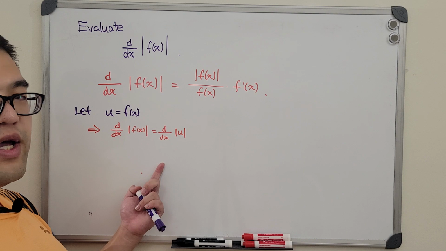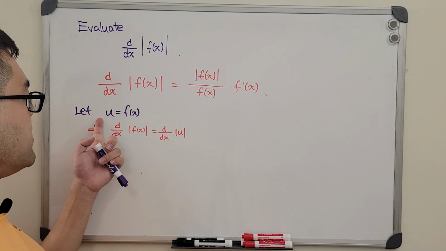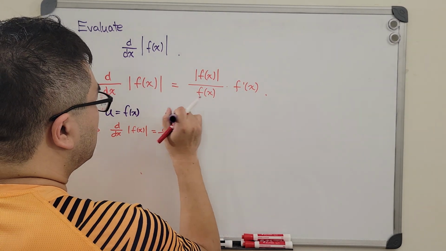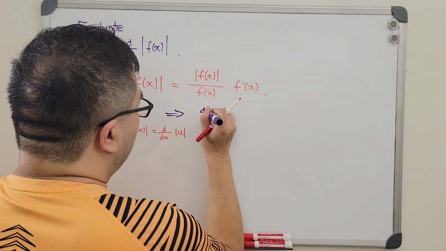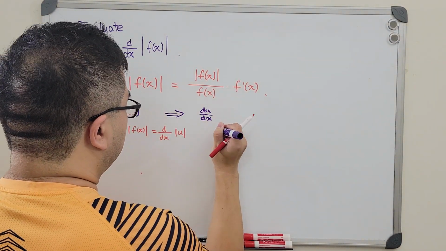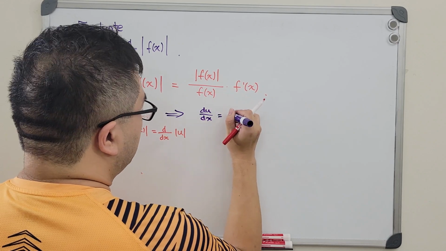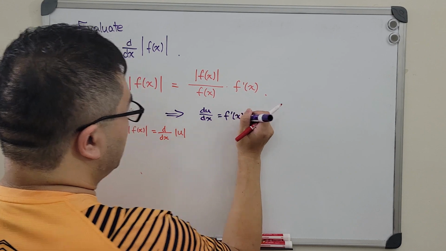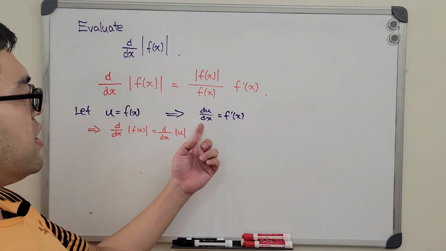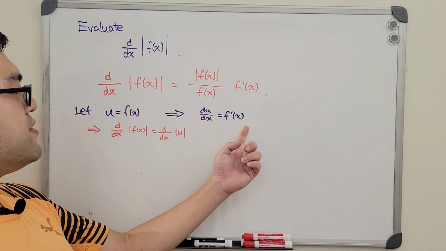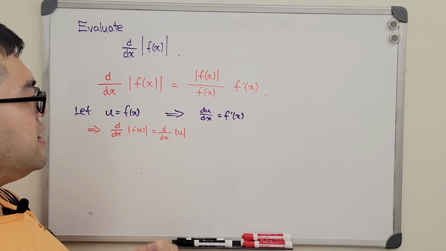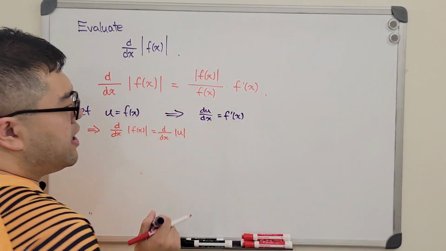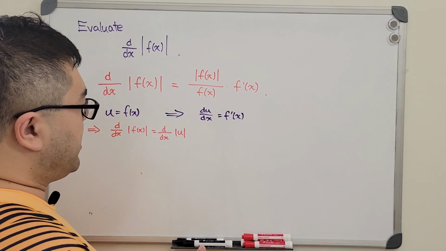But what is d dx here? Well, du over dx is equal to f prime of x. Again, that is the same as taking the derivative on both sides with respect to x here. So we can also say that du is equal to f prime of x dx.